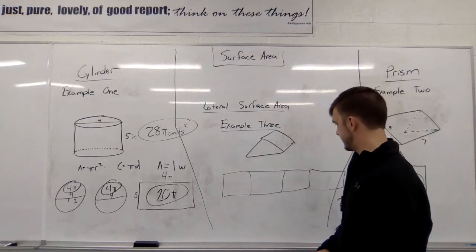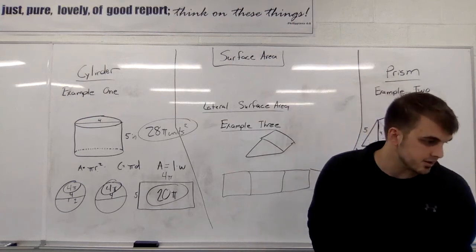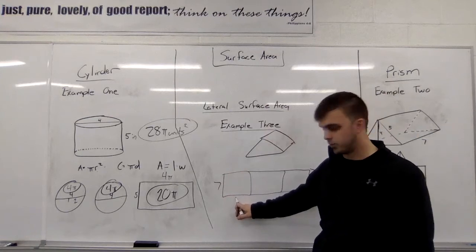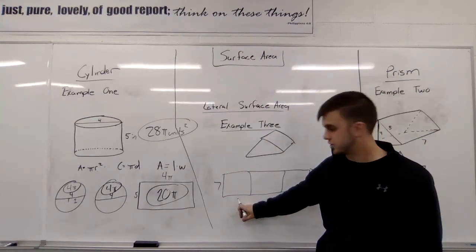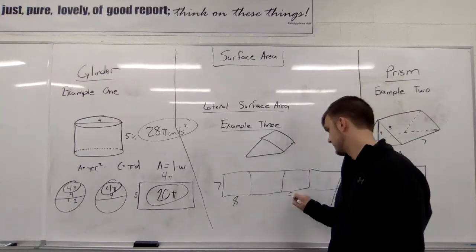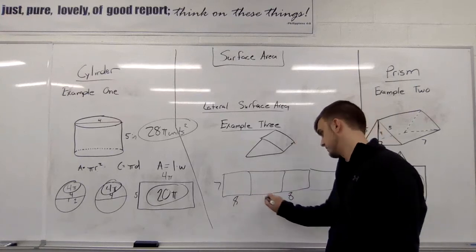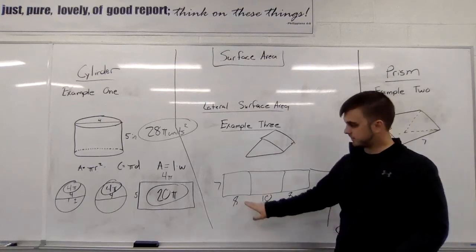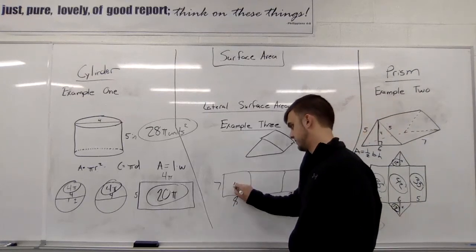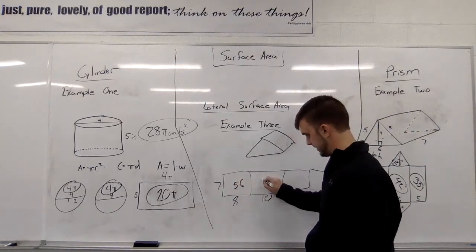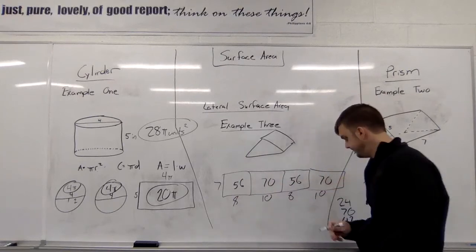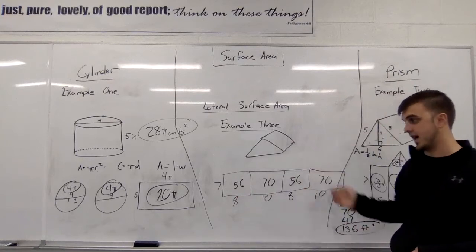Now, you know that your height, based on the drawing, is 7, and the width of the shorter side is 8. So there's 2 8s and there's 2 10s. Now you could go through and go 8 times 7 equals 56. 7 times 10, 70, 56, and 70. And then you have to add them all together.